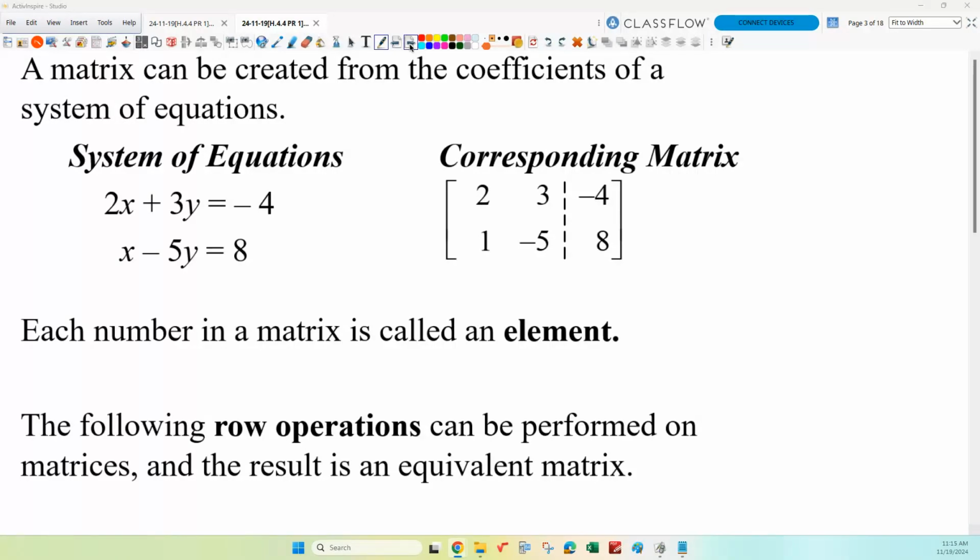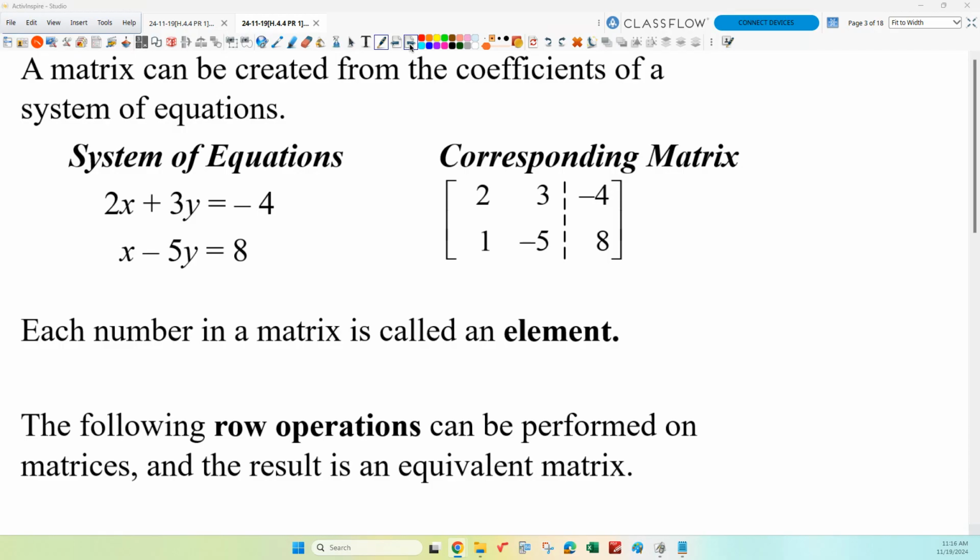We would really prefer to avoid fractional coefficients if we could, but they would still work, technically. They're just more awkward, so we'd prefer not to use those. So we write the system in standard form where the x term comes first plus the y term equals a constant, and then we just take the coefficients and translate those into the rows in the matrix, right?